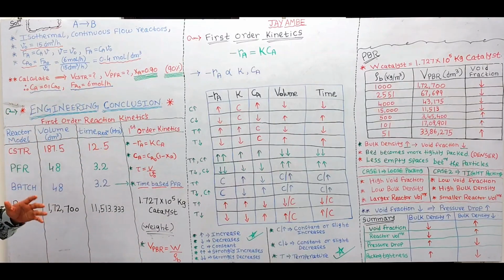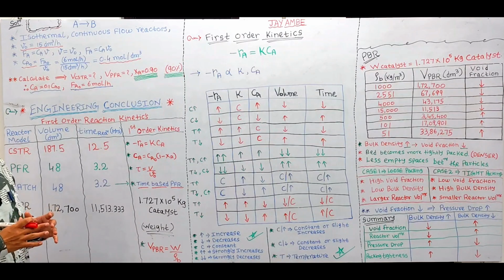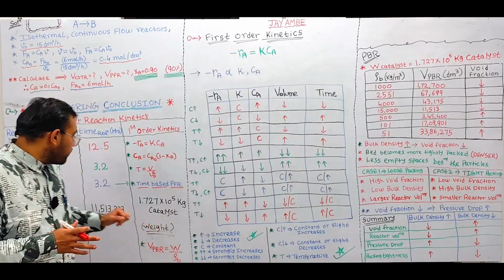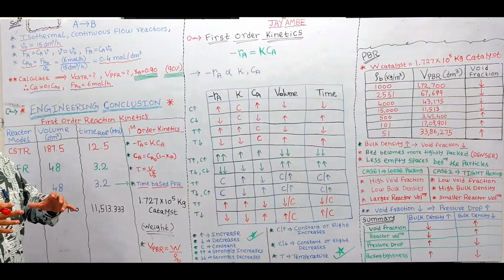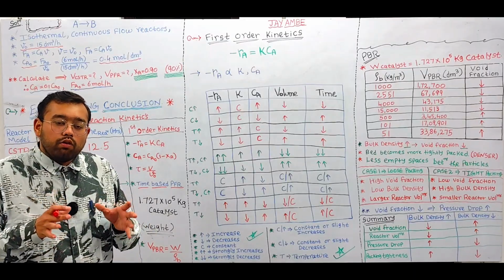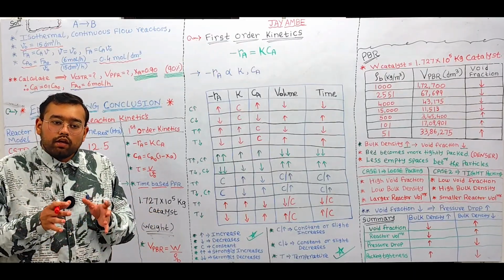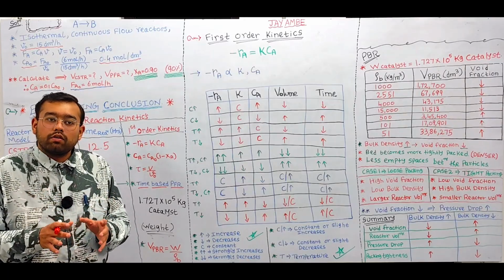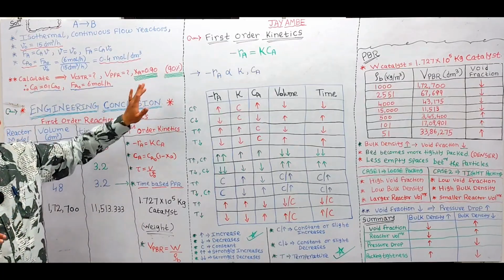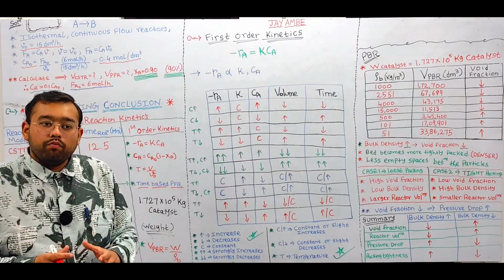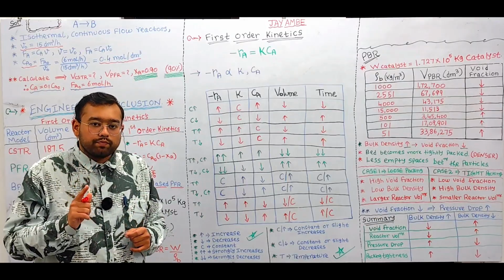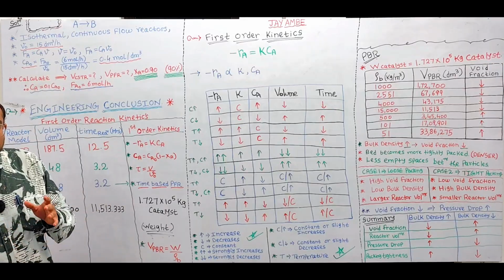Now let's come back to the batch reactor. After some reaction time, near about the end of the reaction time, all the reactants have been utilized and only a few reactant molecules remain unreacted in the reaction environment. By then we have already achieved 90% conversion, which means we have a very low concentration of reactants at the end of the reaction in the batch reactor.